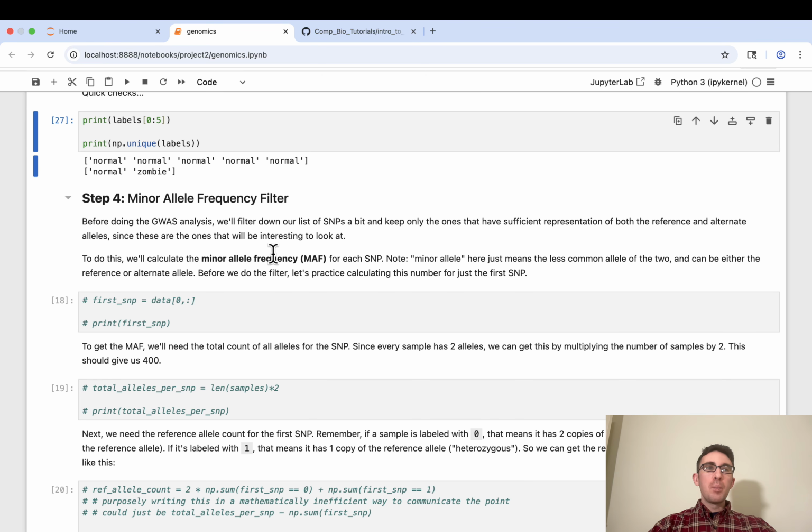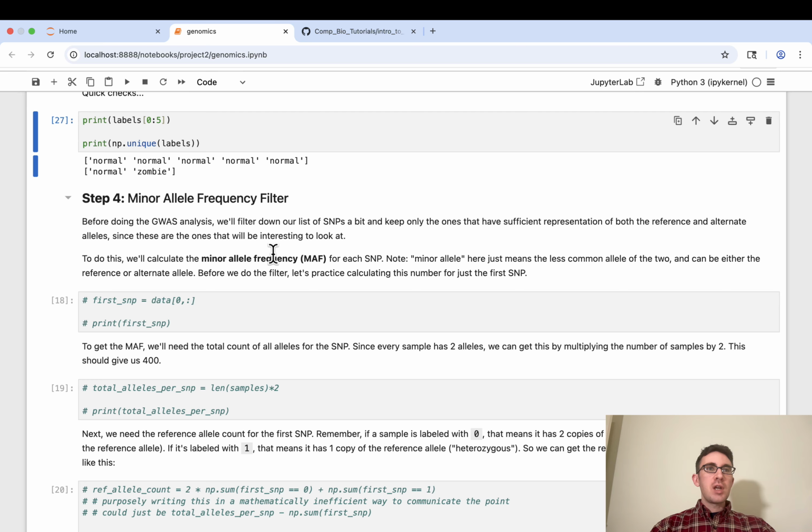Before scanning for SNPs related to the zombie phenotype, we first filter down the SNPs to make sure we're looking only at SNPs with sufficient representation of both the reference and alternate alleles, so that we're able to check whether one of the alleles has some relationship with the zombie phenotype.